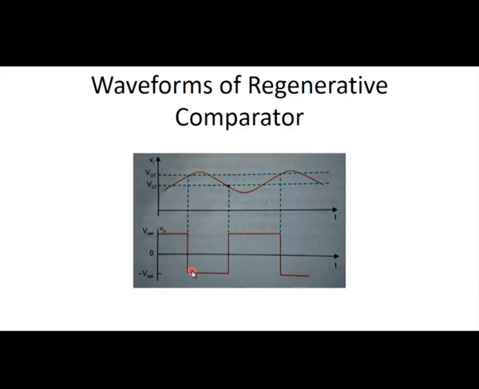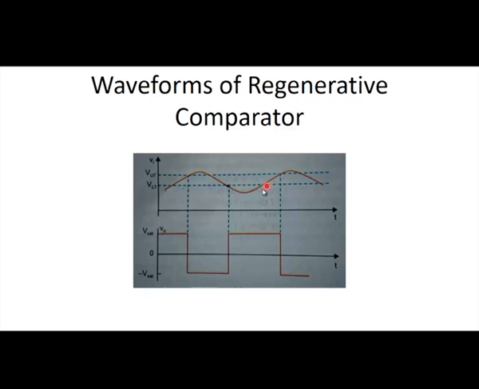So, the output is negative V saturation until the signal is higher than the lower threshold voltage, and for the next time the signal is lesser than the upper threshold voltage up to this point.